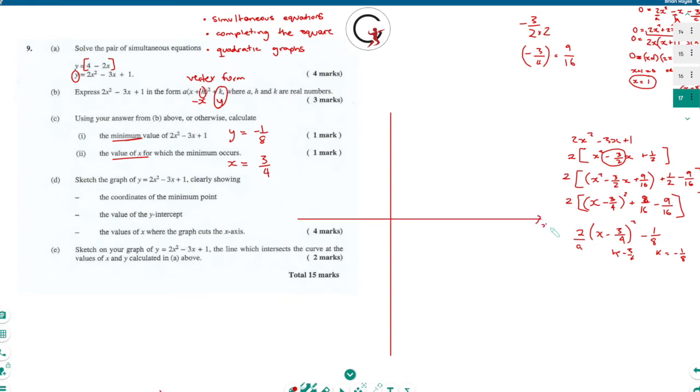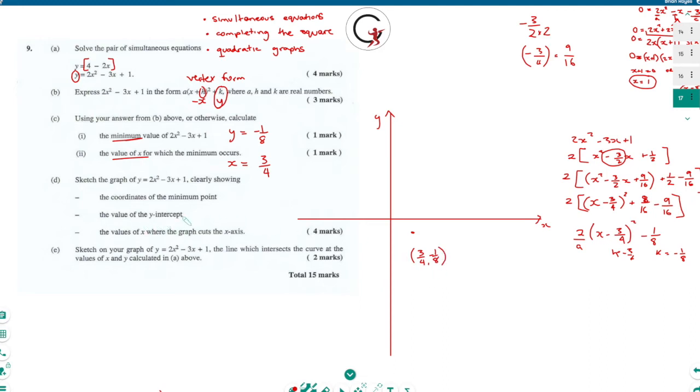We're going to be looking for a curve where the minimum point happens at positive 3 over 4, negative 1/8.